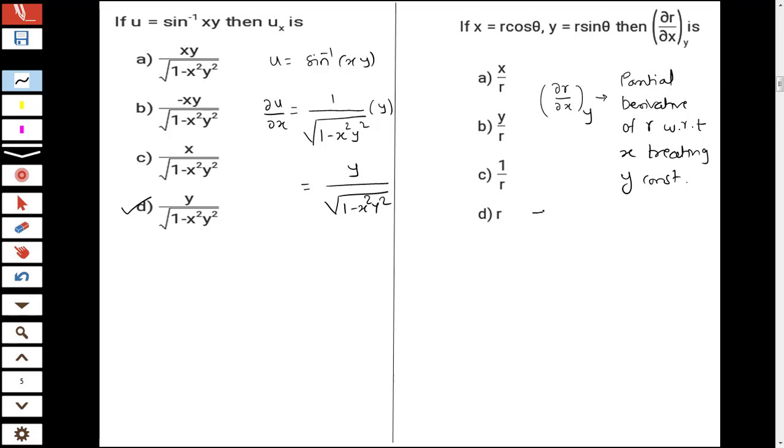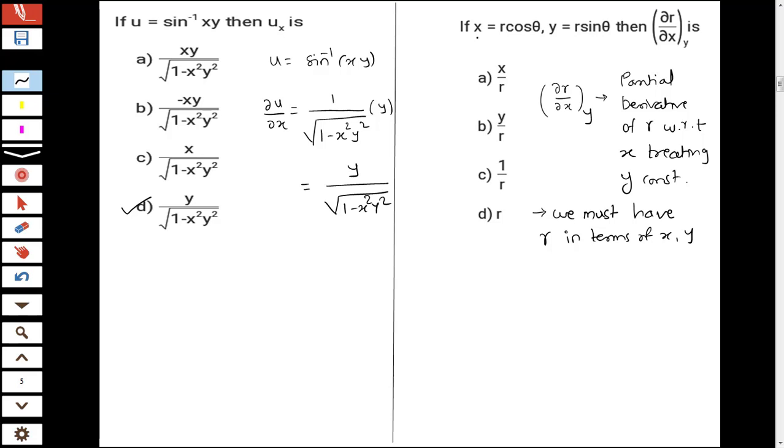And the basic requirement for this is what? We must have this upper variable in terms of this denominator variable x and outside variable y. Means we must have r in terms of x and y.